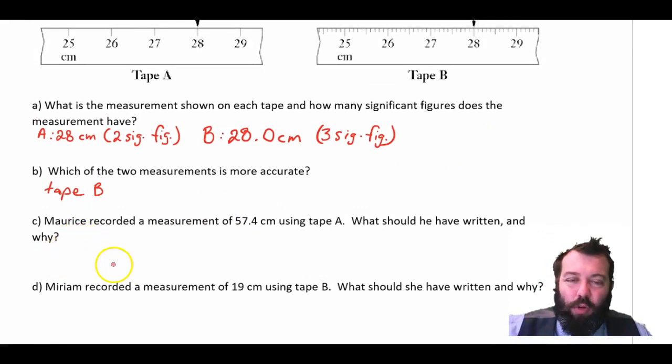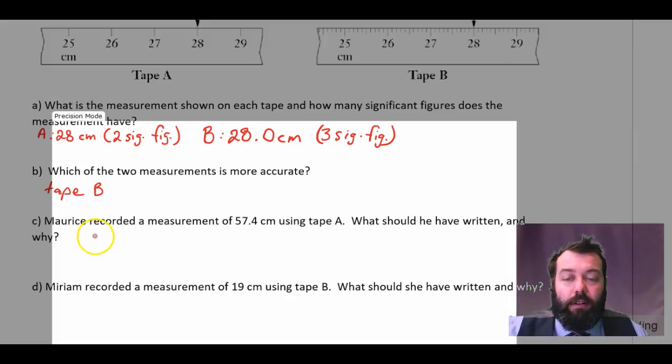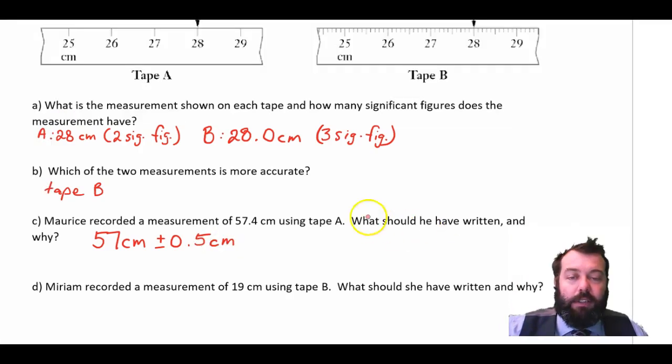Now, there is no 0.4 marked on tape A, so Maurice is guessing. He sees it's between 57 and 58, but he assumes it's about 57.4. He's guessed, but he should have said merely 57 centimetres, and he could say plus or minus half a centimetre. And that covers the 57.4. It could be as much as that.